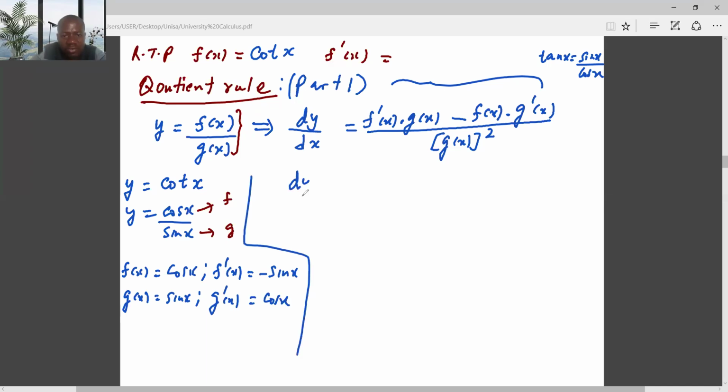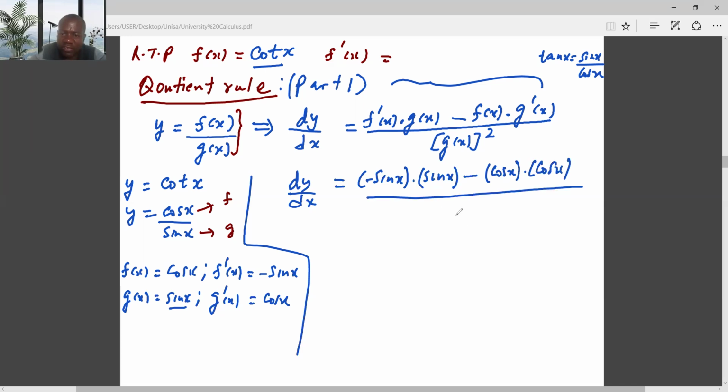We wanted to know the derivative of cot. What is f prime? Obviously, f prime is negative sine. What is g of x? g of x is sine, minus f. f of x is cos x. g prime x is cos x. Divide by g of x, which is sine x, so it's squared. Let's remove brackets and multiply these two.